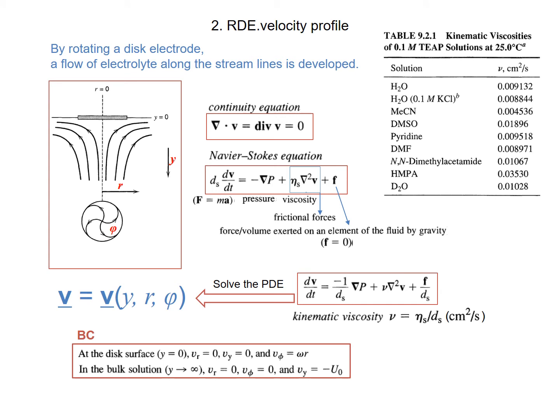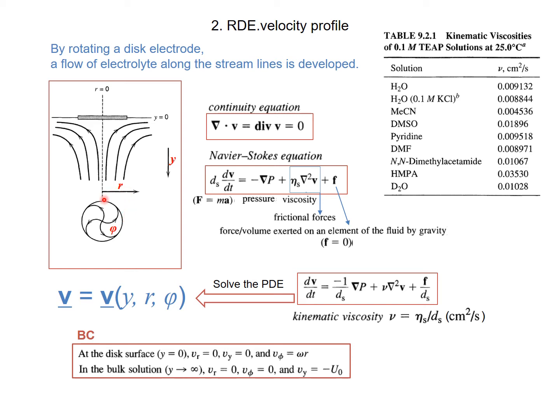Okay, then let's try to obtain the velocity profile. By rotating a disc electrode, a flow of electrolyte along the streamline is developed. I have talked about the velocity profile in this picture in the previous slide.